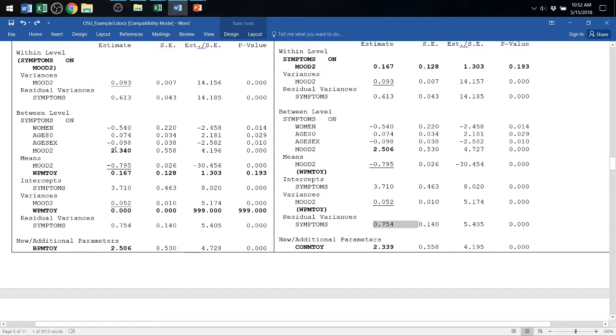And now the difference is then in what you get and where it shows up. So on the left, the level 1 effect of within person negative mood predicting symptoms, WPM to Y, shows up in the between model, and it is labeled as a mean. This is its fixed effect, 1.167. That's because we used a placeholder named WPM to Y, and then we put its fixed effect as part of level 2, so on the output, it shows up as part of the level 2 between.